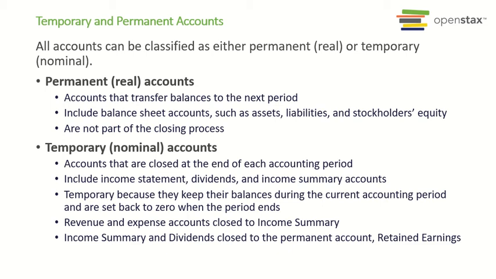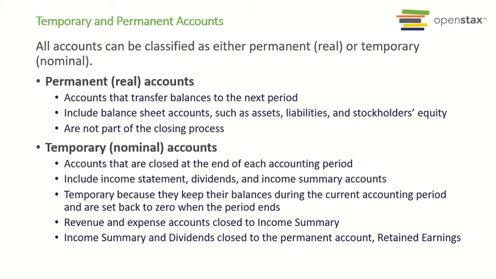So what is the income summary account? We have not seen this account in the previous chapters. The income summary account is an intermediary between revenue, expenses, and retained earnings accounts. It stores all the closing information for revenue and expenses. Income summary is a temporary account.